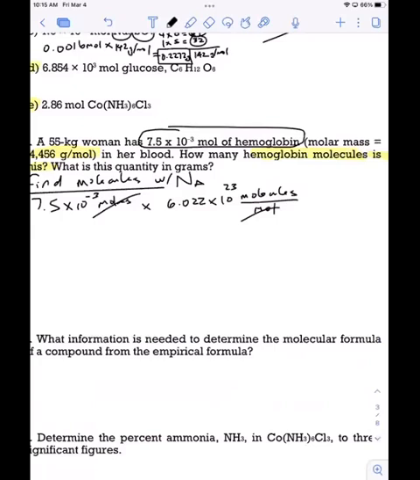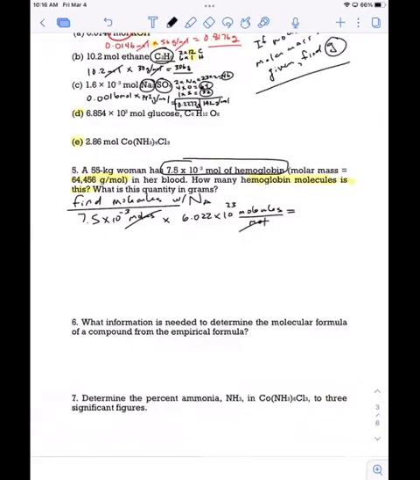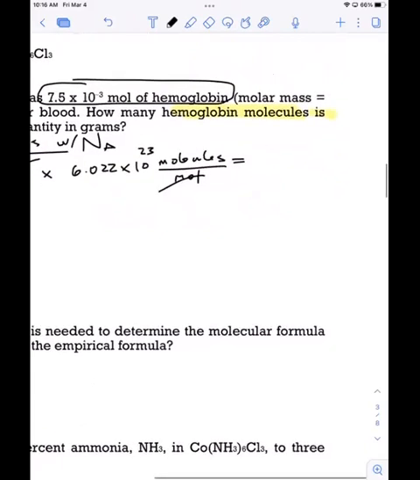All right, anybody calculated that yet? I have 4.67 times 10 to the 21st molecules.